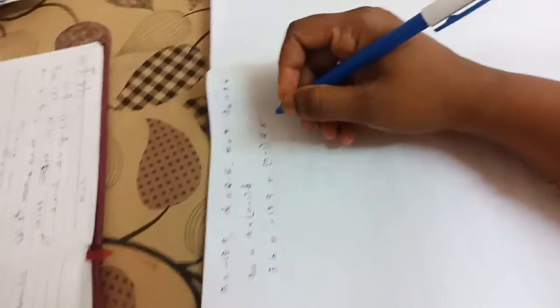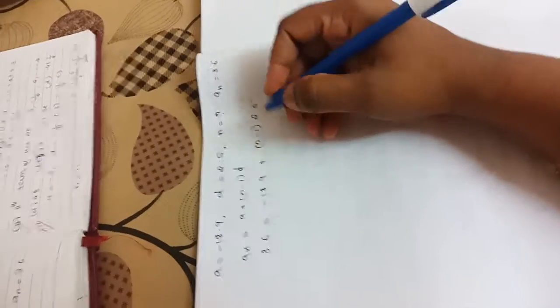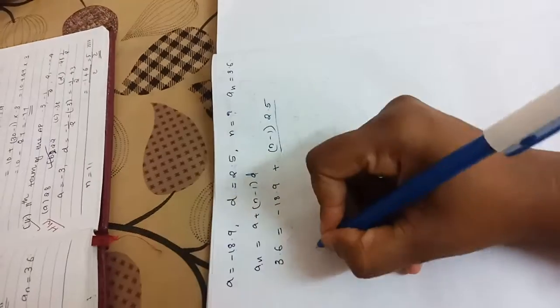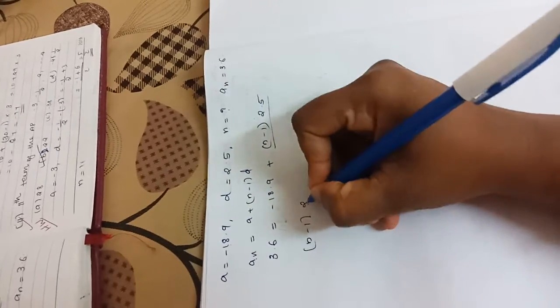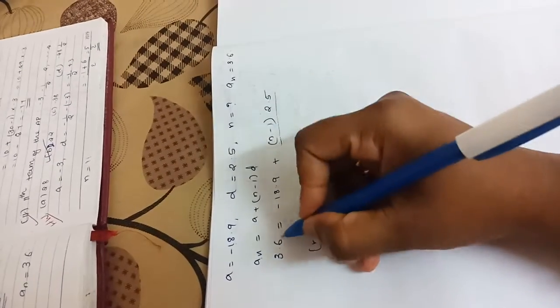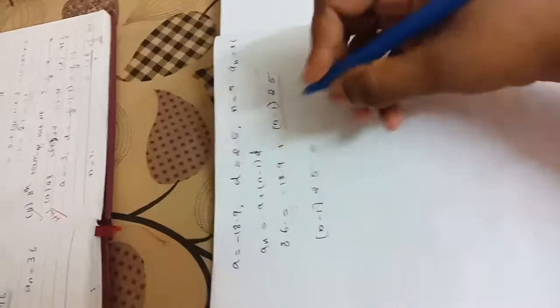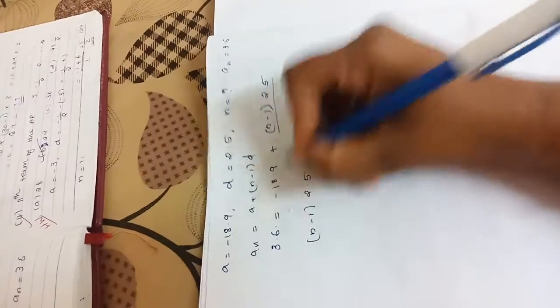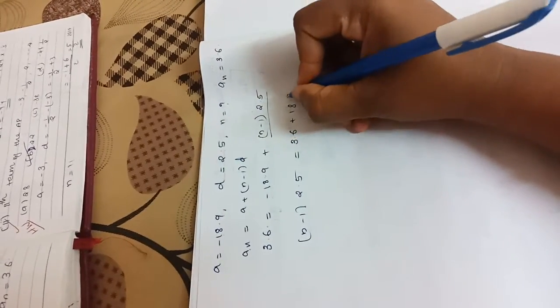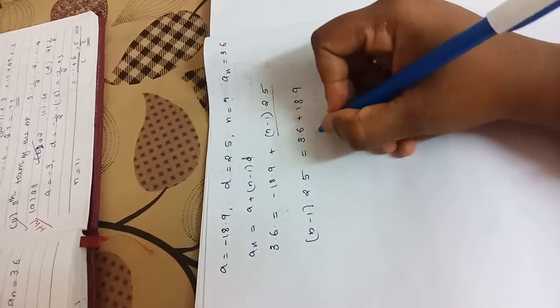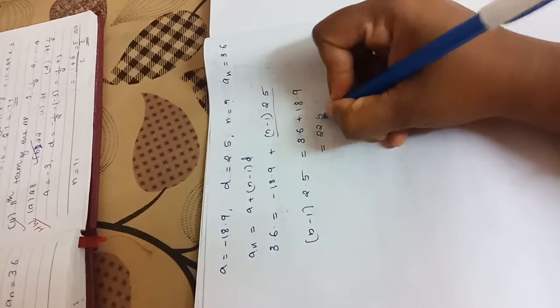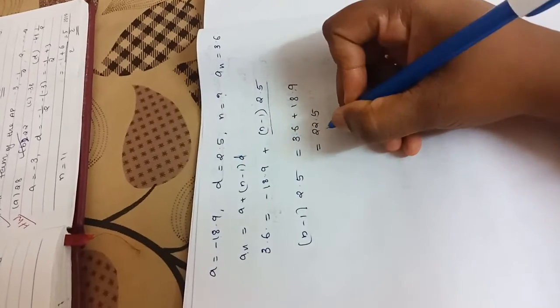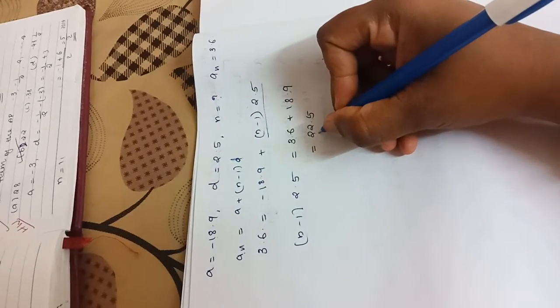Next we can calculate like this. I am writing this term first: (n minus 1) into 2.5 is equal to, this term I am taking along with the 3.6. So 3.6 plus 18.9 is equal to 22.5.